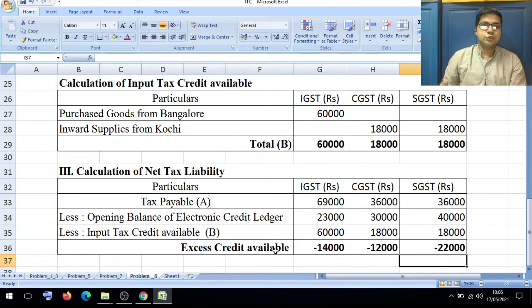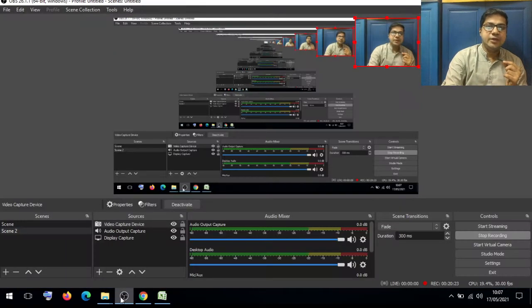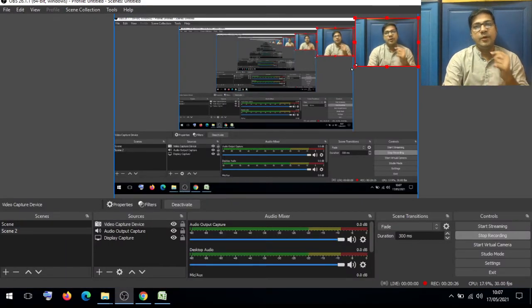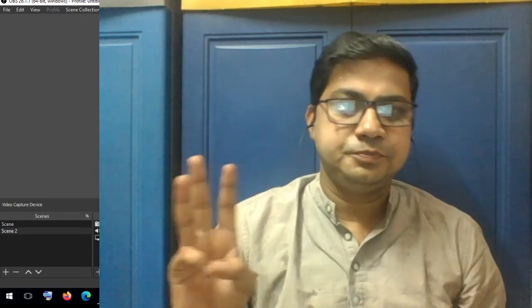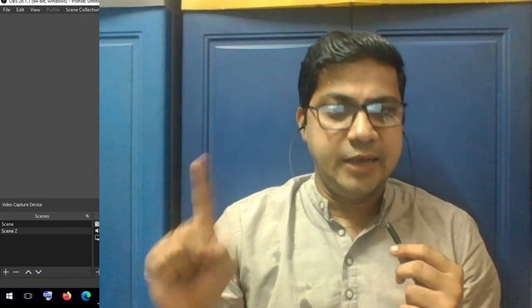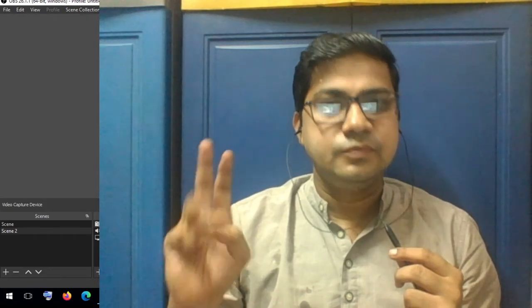So I hope you understood how to calculate net tax liability and excess credit available from any particular question belonging to transactions about the sales and purchases of goods or services. It is very important whenever we talk about GST liability. GST liability is divided into three categories: IGST, SGST, CGST.